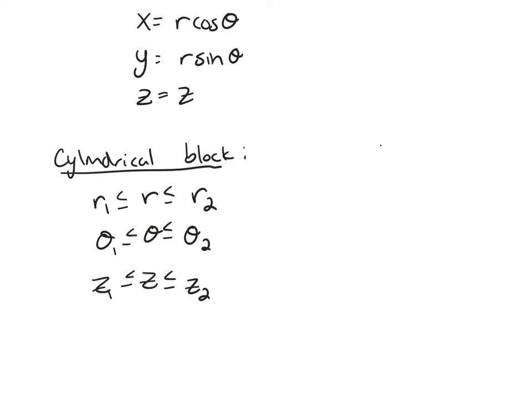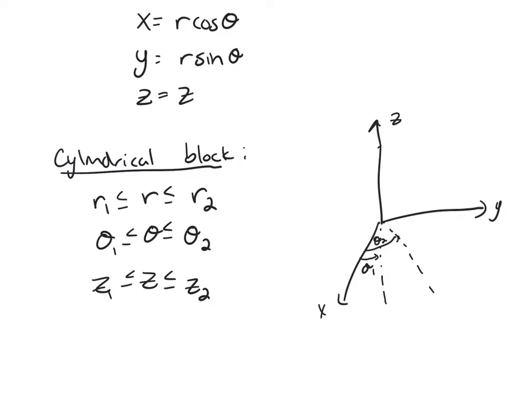And so we can think of this in our 3-dimensional system, x, y, and z, as you go out an angle of theta 1, and you go out an angle theta 2, and then r is between, r represents the radius from the origin, right?